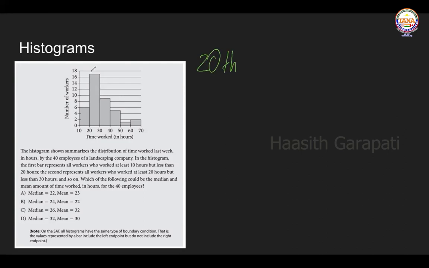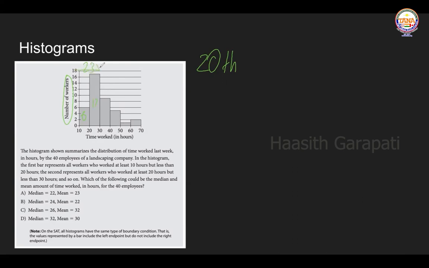Well, you see, they give us the number of workers who are within a range. So at what range do we reach the number 20 for the amount of workers? Well, this one here is 6, and this one here is 17. Oh, that's a total of 23.